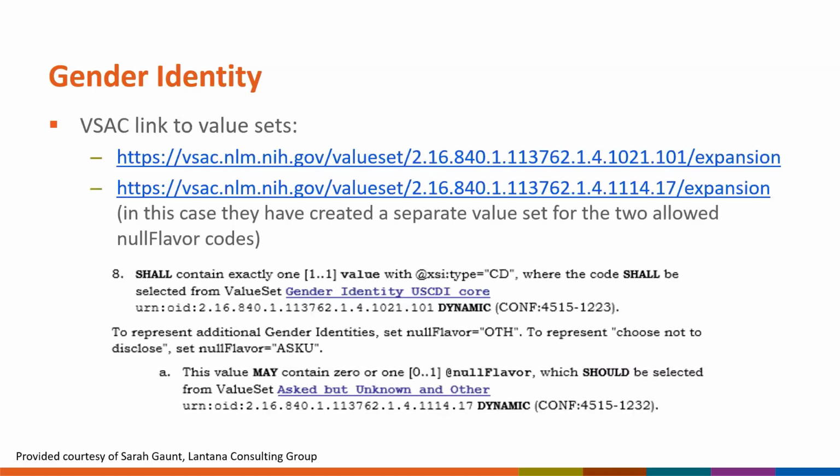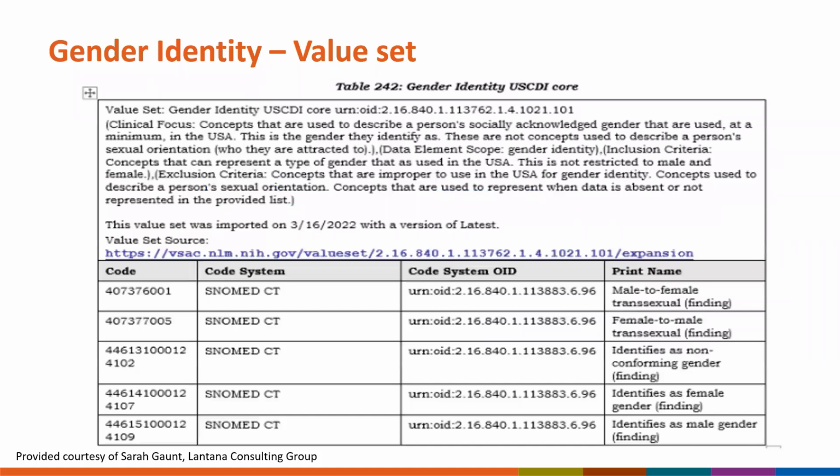And the next couple of slides are screenshots that Sarah provided that actually list the VSAC variable value set. Excuse me. Next slide. Again, a couple more views of the VSAC value set. Next slide.